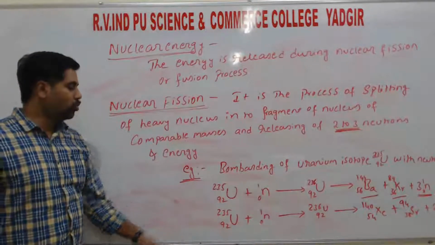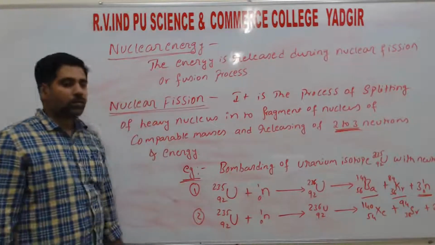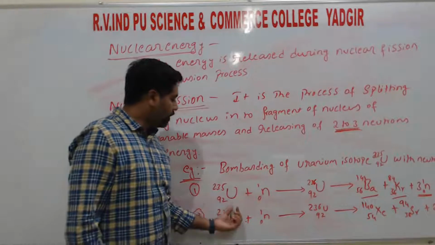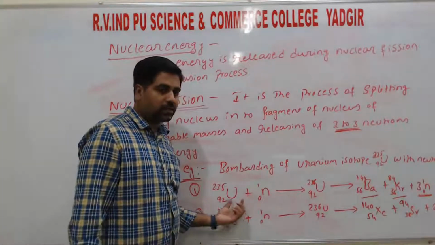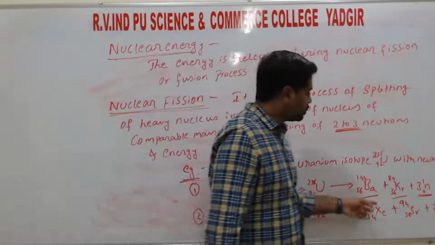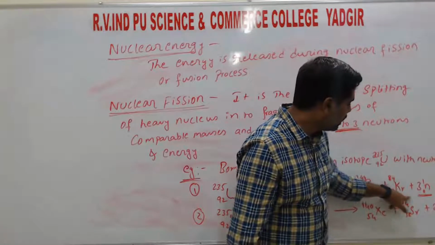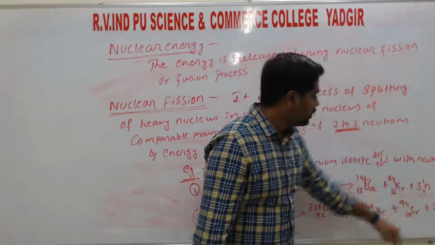So these are the two examples, example 1 and example 2. Here we have the same reactants, that is the atom and the neutron, but the end products are different. These are called the fragments, right?